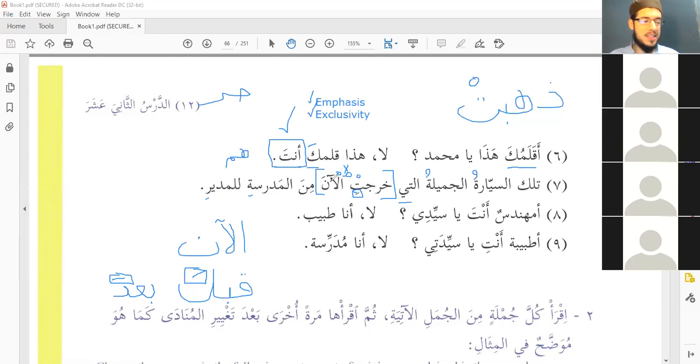That's great. Fantastic thinking. التي خرجت من المدرسة للمدير. Why? Because the meem, which would now be the next letter, has a haraka. It has a vowel. It does not have a sukun. It eliminates the problem of having a consonant cluster, and so it can keep its sukun. That's fantastic. Good job.